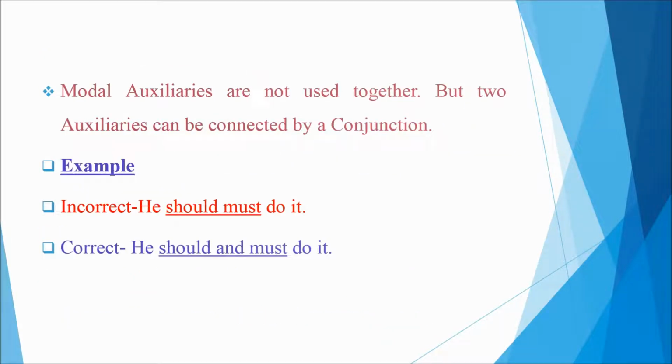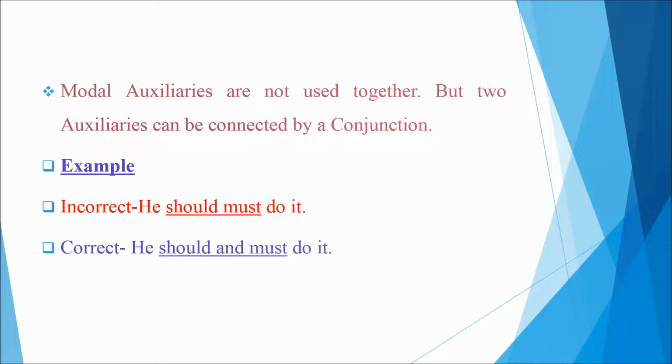Let's see the next rule. Modal auxiliaries are not used together, but two auxiliaries can be connected by a conjunction. Let me read it again. Modal auxiliaries are not used together, but two auxiliaries can be connected by a conjunction. Let's read the first sentence. He should, must do it. Is that correct sentence?